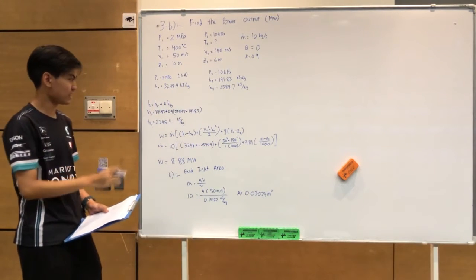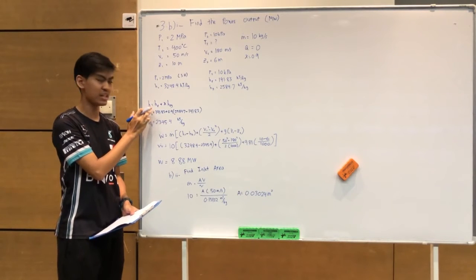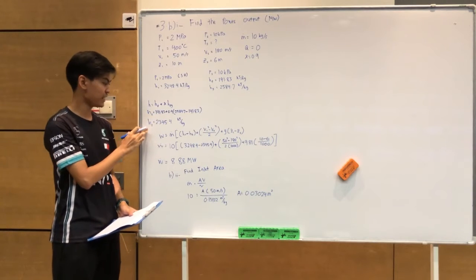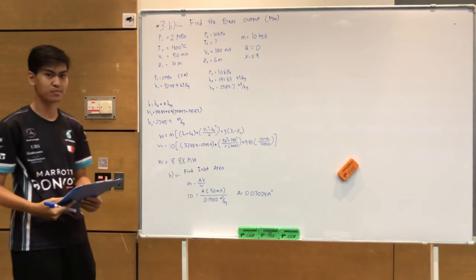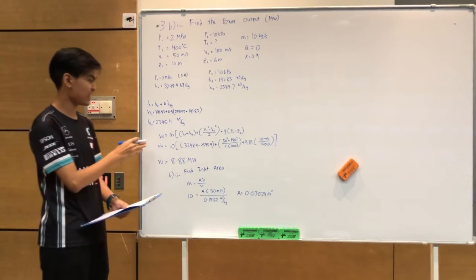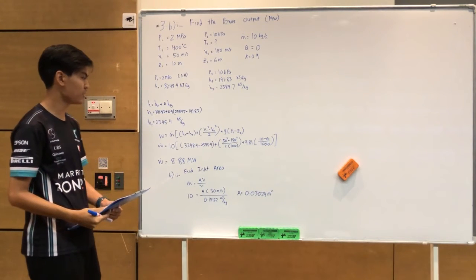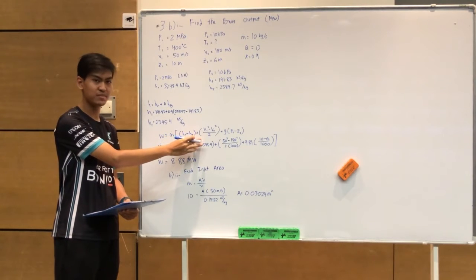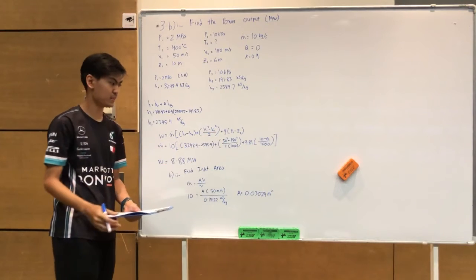To find the enthalpy, we have to use the formula H equals HF plus X HFG. Once you substitute each value, we will get the enthalpy as 2345.4 kilojoule per kg. In order to get the power output, we will be using the energy balance equation, which is W dot equals M dot times H1 minus H2 plus V1 square minus V2 square over 2 plus g times Z1 minus Z2.